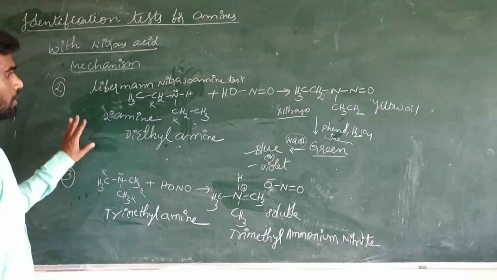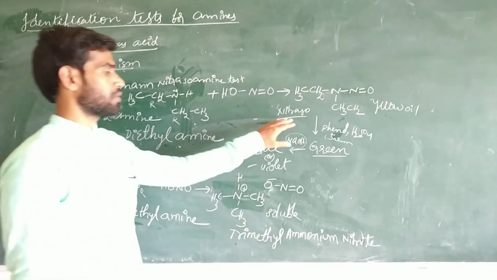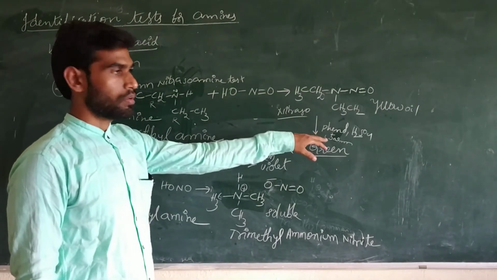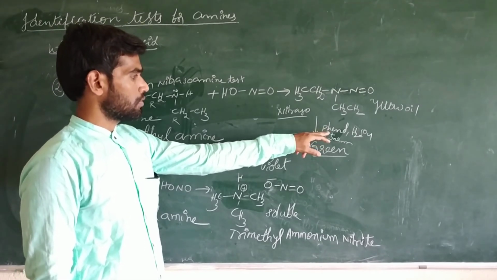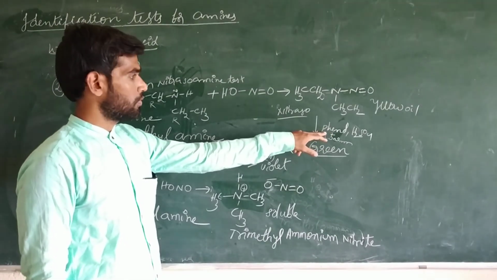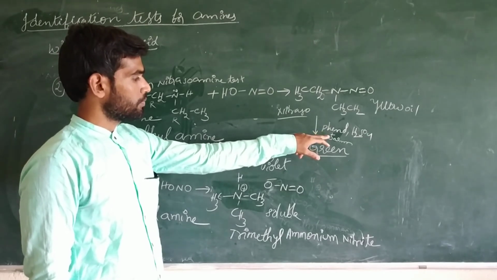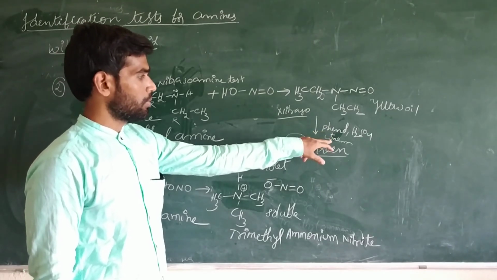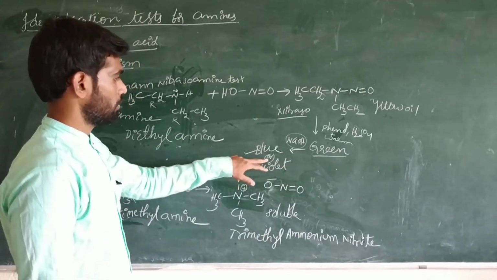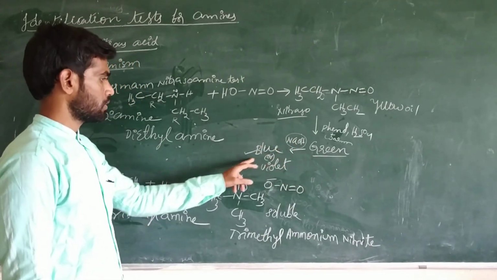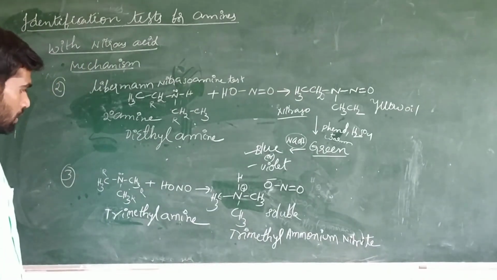Secondary amines give a nitroso compound, yellow in color, a yellow oil layer. With addition of a small amount of phenol, warming and addition of H2SO4, it produces green color, and further with alkali it is converted into blue or violet color.